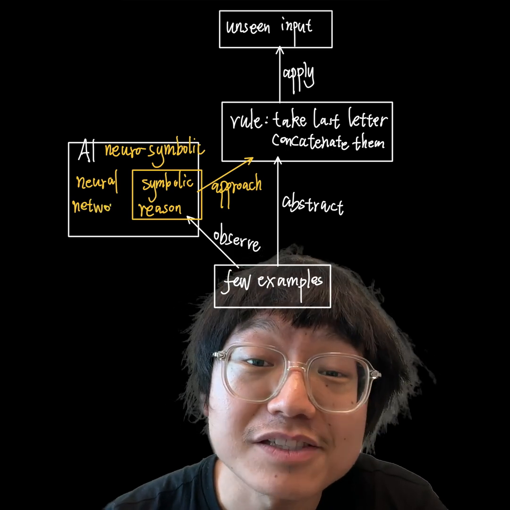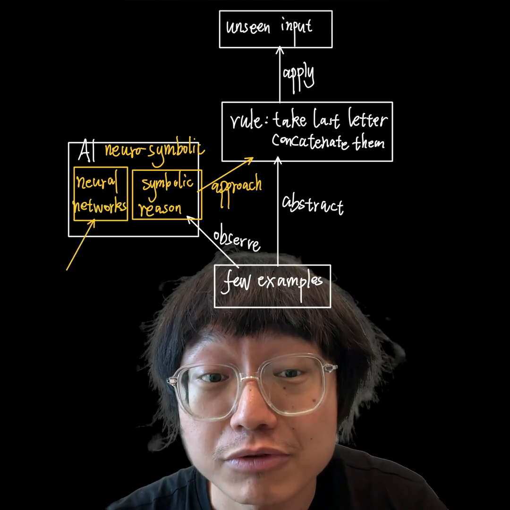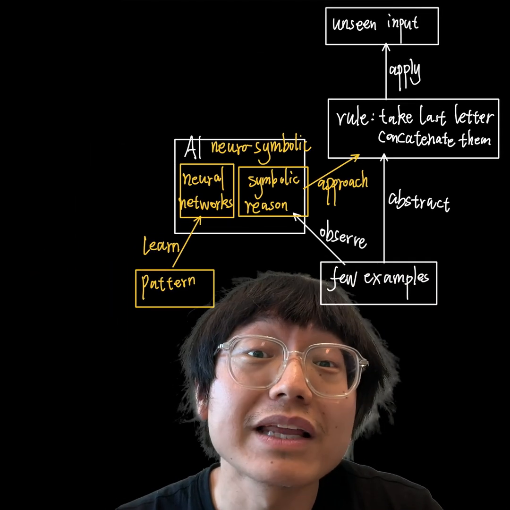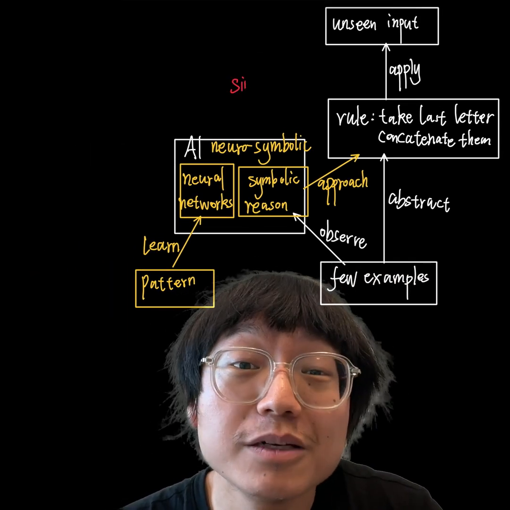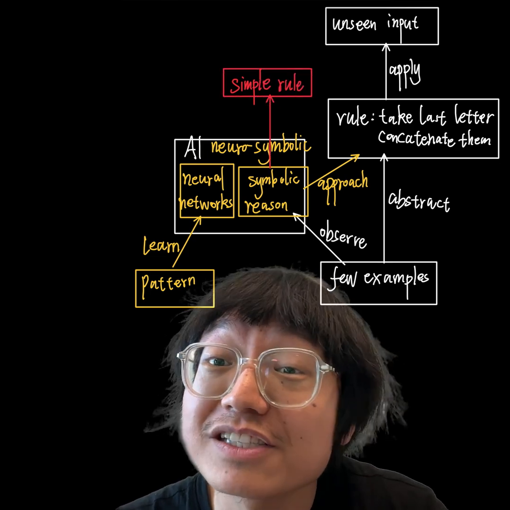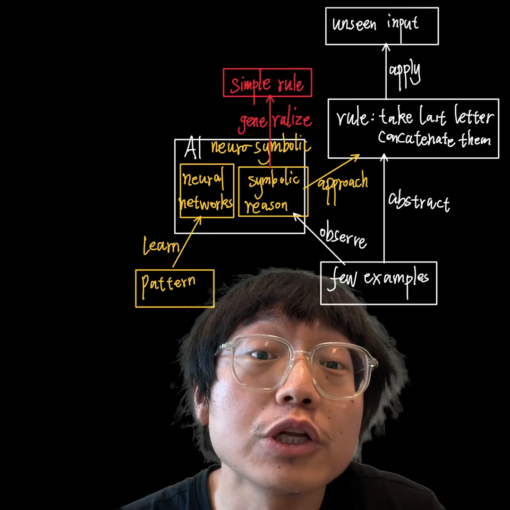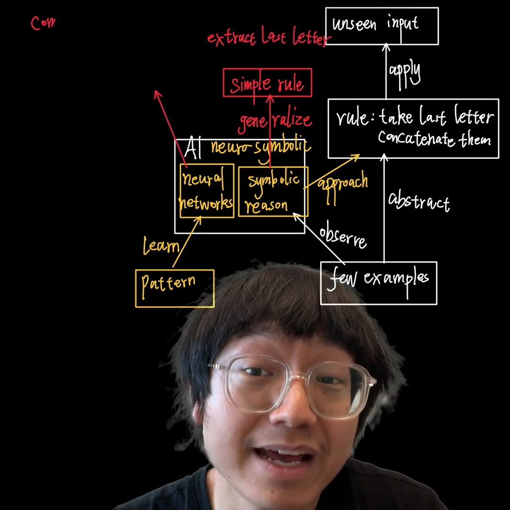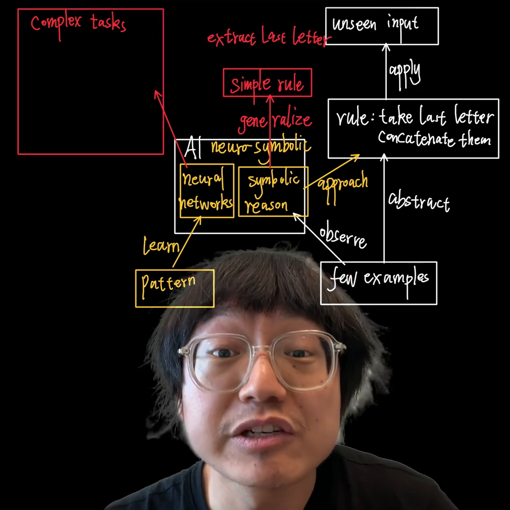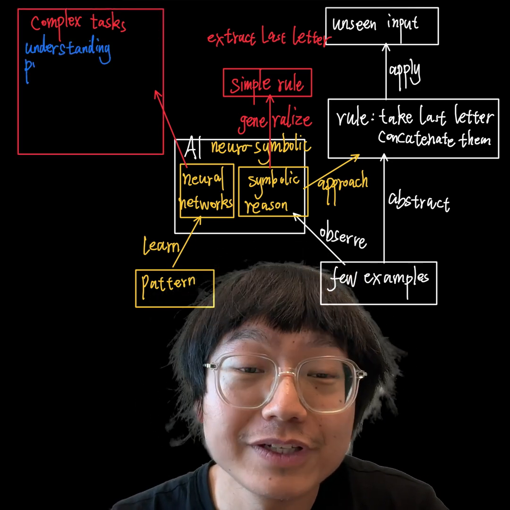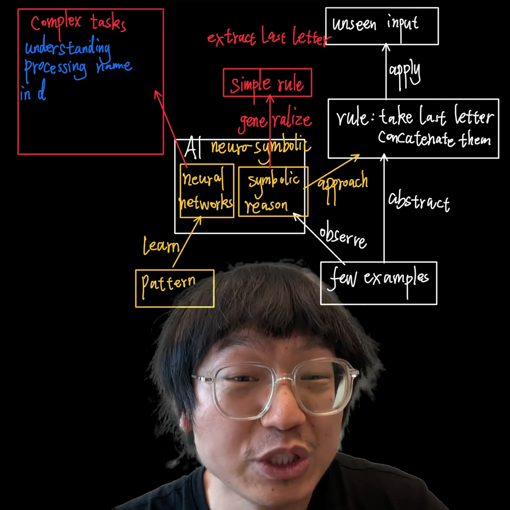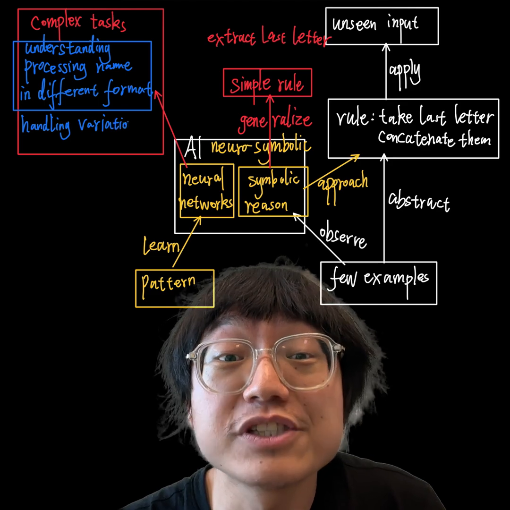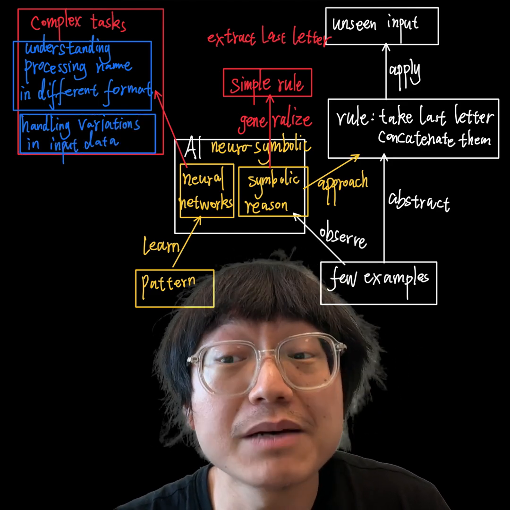In the context of the last-letter concatenation problem, a neuro-symbolic model might use symbolic reasoning to extract the last letters, because this task is easily described by a simple rule, and use the neural networks for more complex tasks like understanding and processing names in different formats or handling variations in the input data. This hybrid approach could drastically reduce the need for massive amounts of training data, while still allowing the system to generalize from just a very few examples.